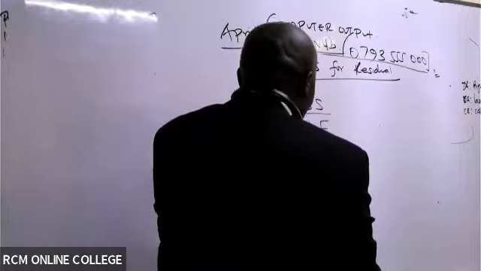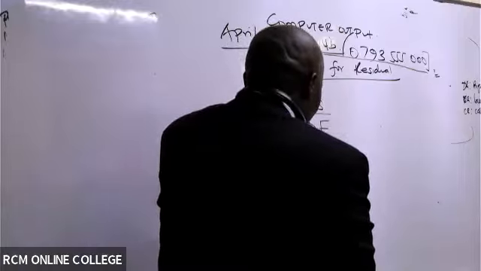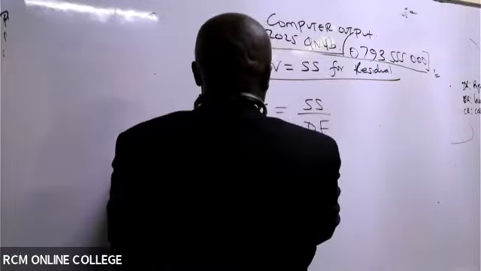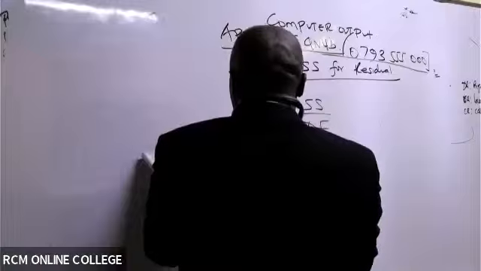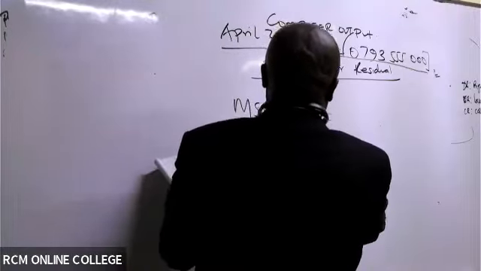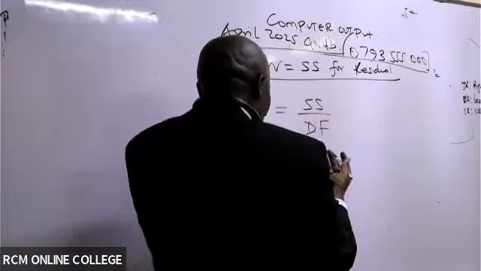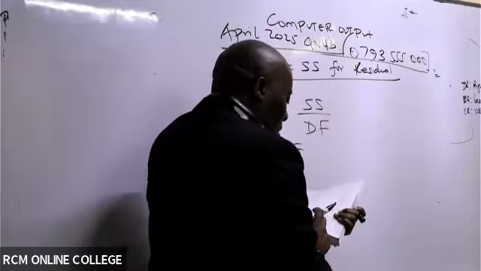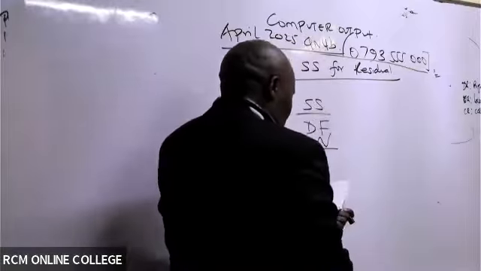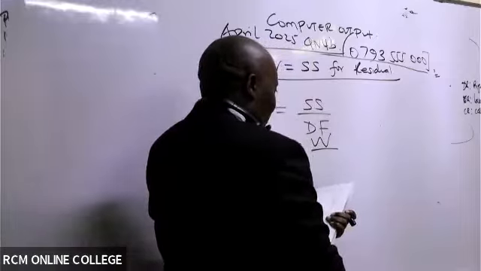So for residual, we know the mean sum of squares, 5739.99, equals SS for residual, which is not known, which is our unknown, which is our W, all over degrees of freedom, which are what here, somebody?